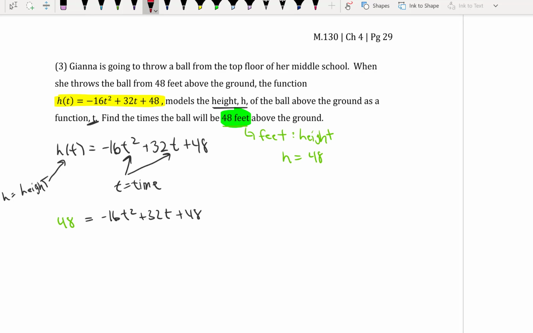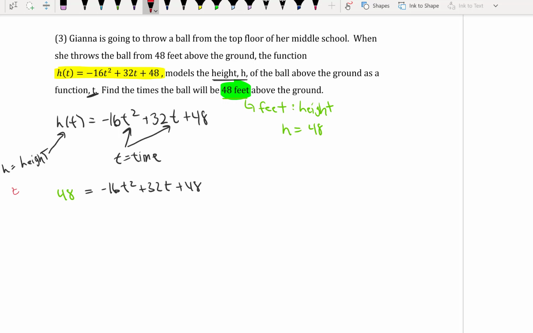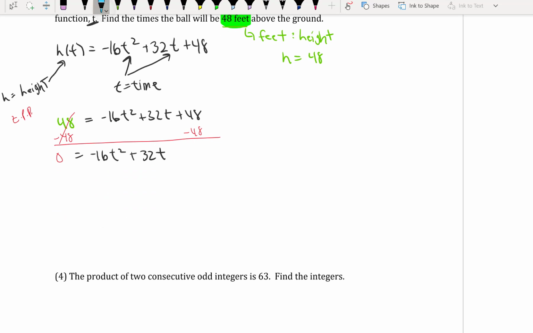So now to solve for this, I'm going to have to get this equal to 0 because of the zero product principle. So minus 48 to both sides. So now I have that 0 is equal to negative 16 t squared plus 32t. So then from here, I want to factor. And I definitely have a greatest common factor. That's going to be my negative 16t.